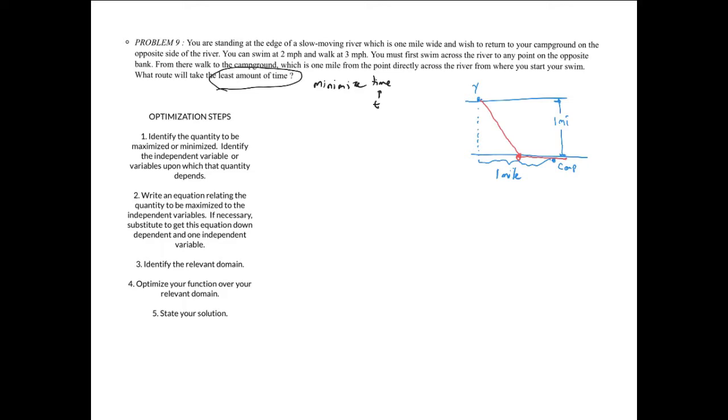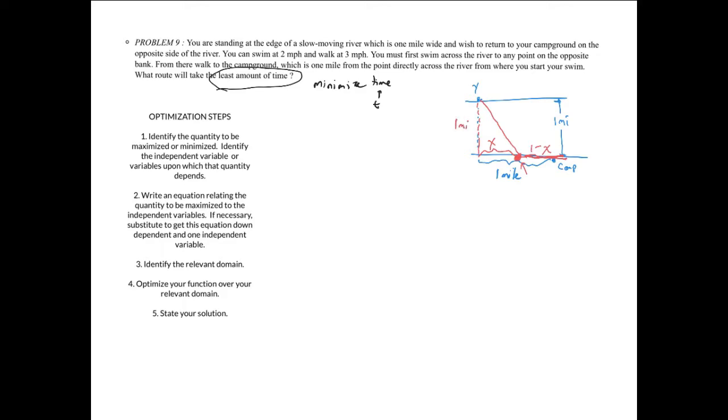The thing that would dictate that is where you actually come on shore here. So let's call this distance right here x. If that's x, then the rest of this way, the way you walked here, is 1 minus x. It's that 1 mile taking away that x. And this, from what we were given in the problem, is 1 mile, right?